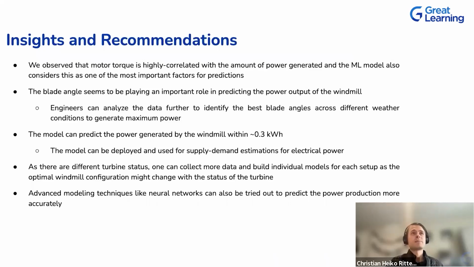And so then one step would be to say, well, if we aim to optimize perhaps the energy generation, can we identify, based on the model and our analysis, which blade angles are actually effective to generate more energy? And those results can then be provided to optimize the engine.